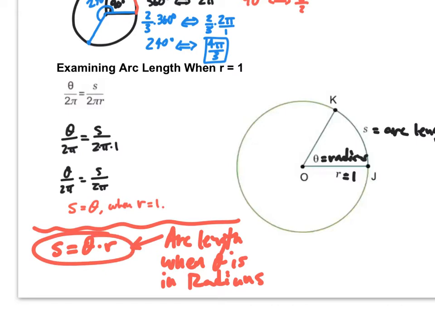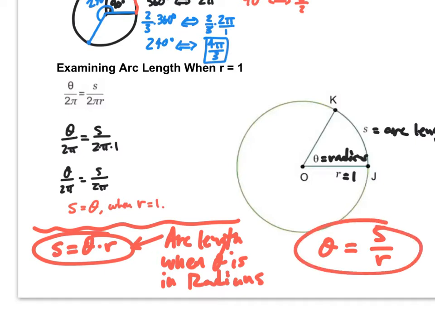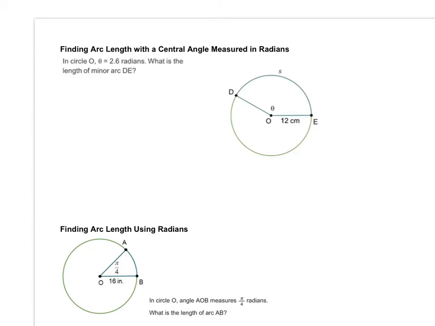Now if I want to figure out what theta was, if I divide both sides by my radius, I can get theta in radians if I know my arc length s and my radius r. Let's look at the next page and use those to figure that out. On this one, I want to find arc length with a central angle measured in radians.